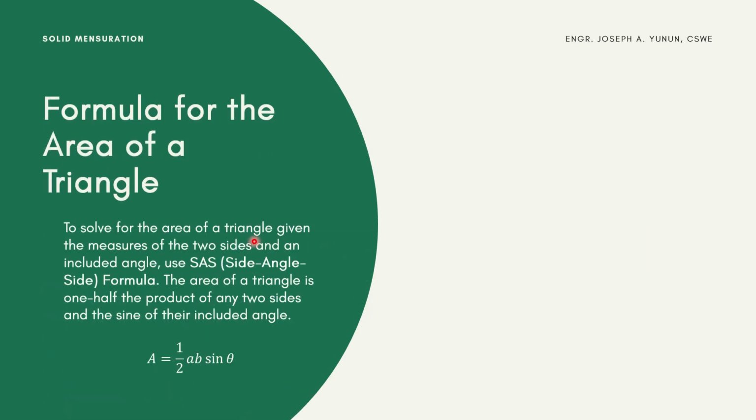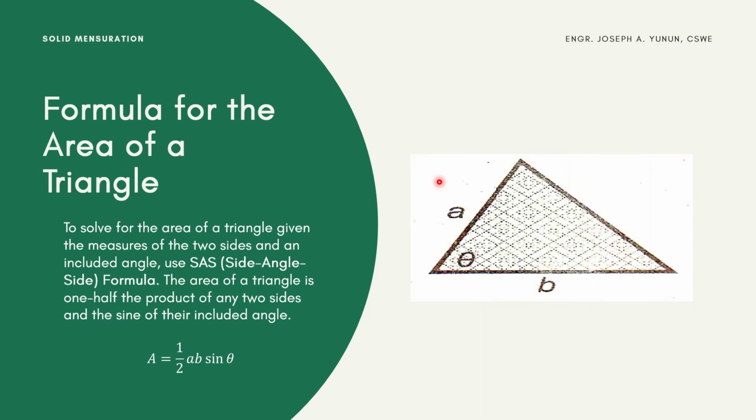The next formula is called the SAS formula, which applies if the given triangle gives us two sides and an included angle. That is 1/2 the product of any two sides and the sine of their included angle.